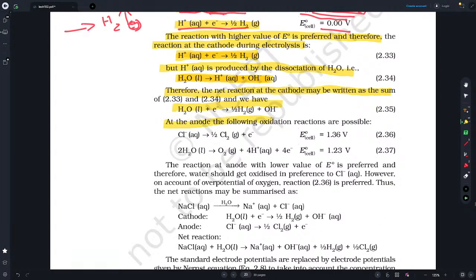At anode, the following oxidation reactions are possible. Chloride ion gives chlorine gas and electron, where chloride is getting oxidized. This has a good standard reaction potential.